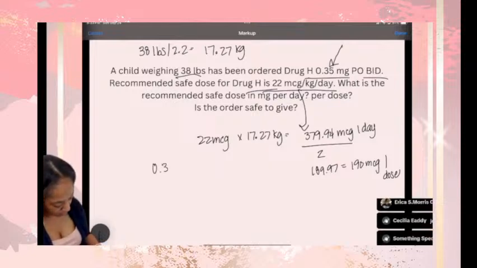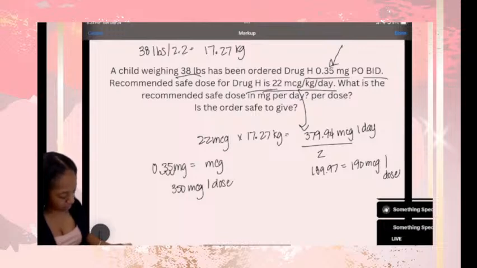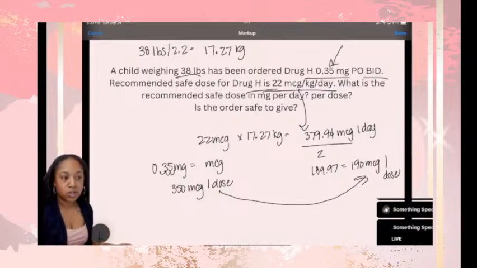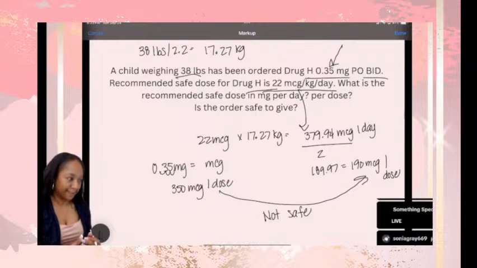So 0.35 milligrams to micrograms is going to be 350 micrograms per dose. And then you would compare it to right here. And that's way too much. So nope, not safe. Okay, that's how you do those.